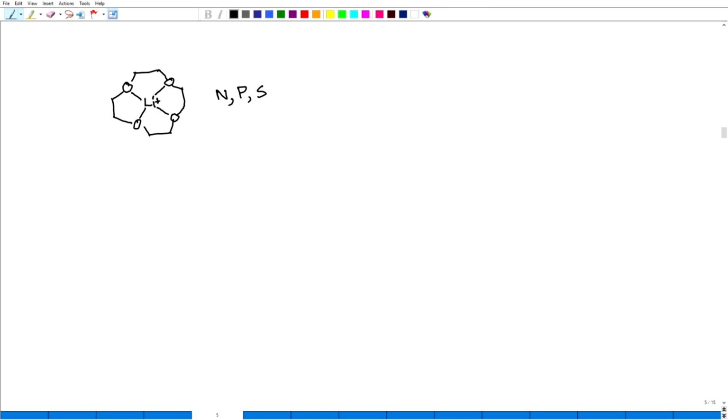And here I have put lithium because these are all oxygen donors. If we have, say, all sulfur donors, you know that sulfur likes to bind heavy metals.